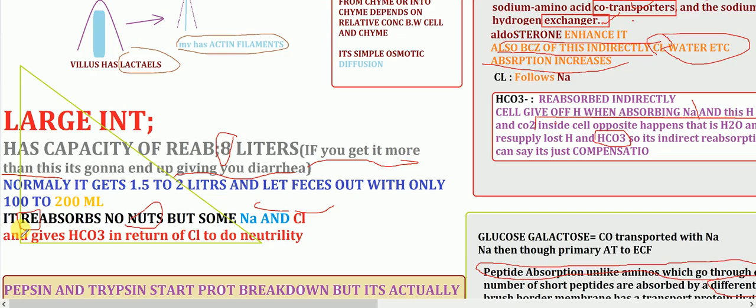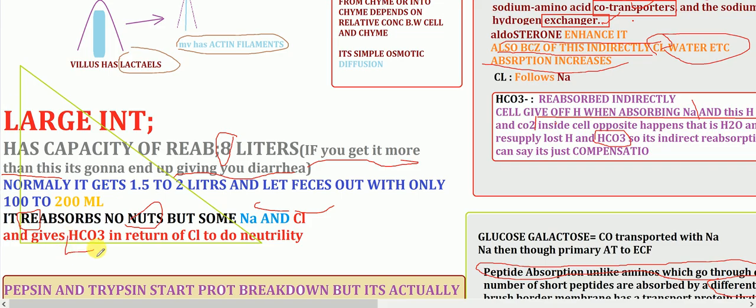So you have to remember this. Don't mix this reabsorption with the idea that it does not absorb nutrients. It does reabsorb some electrolytes, like sodium and chloride, and in exchange for this chloride, it gives off bicarbonate.